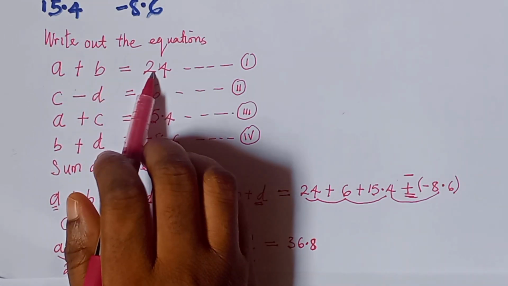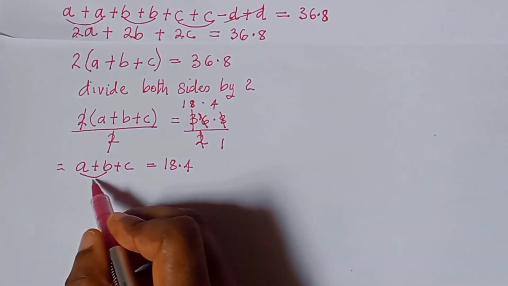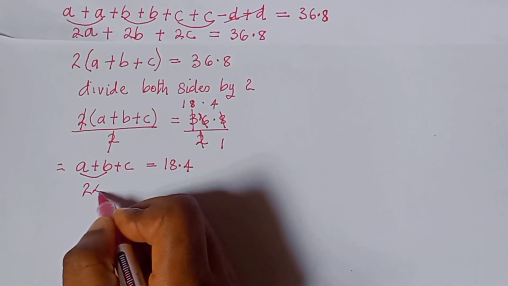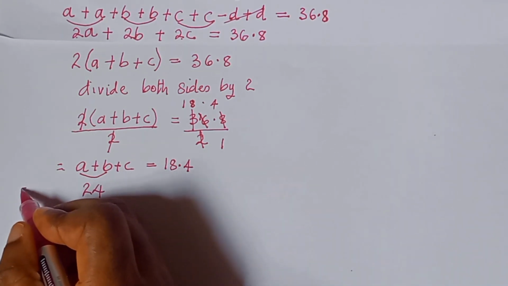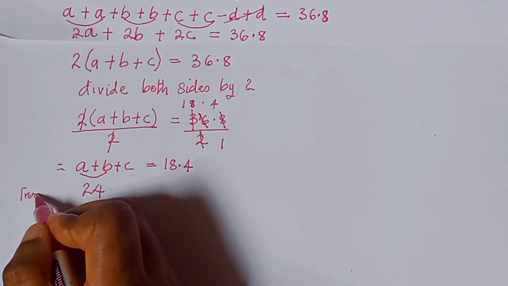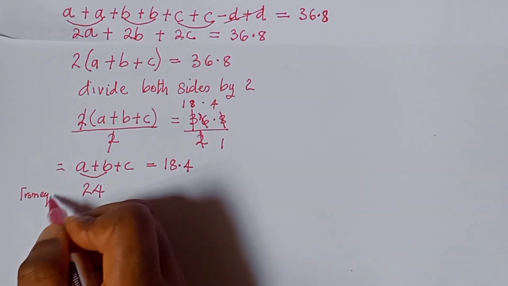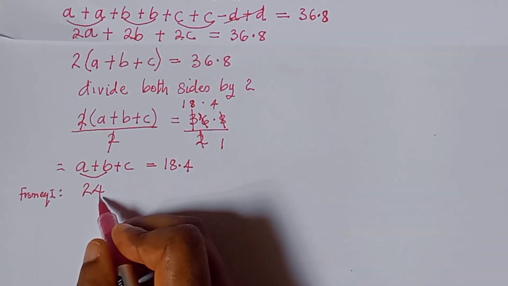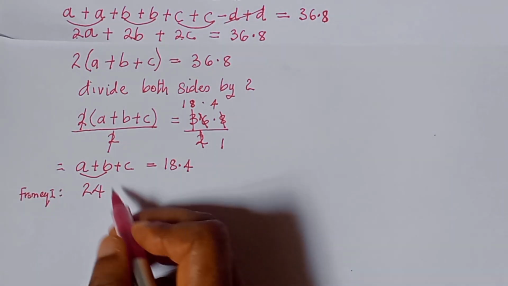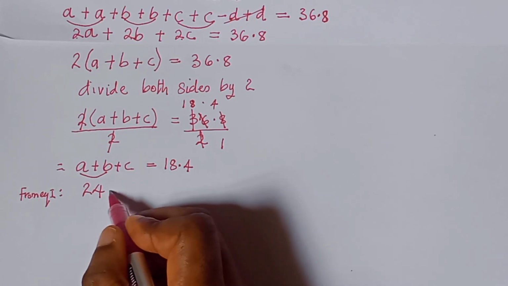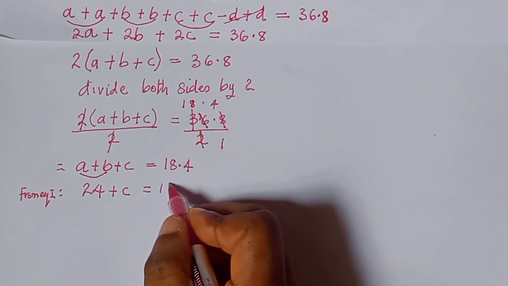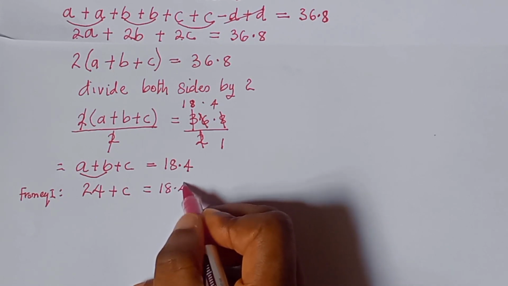At this point, you can see that A plus B from our first equation is 24. So we have this to be 24 from equation 1. So A plus B is 24. So we have 24 plus C equals 18.4.